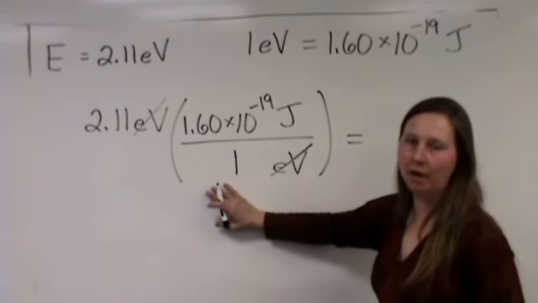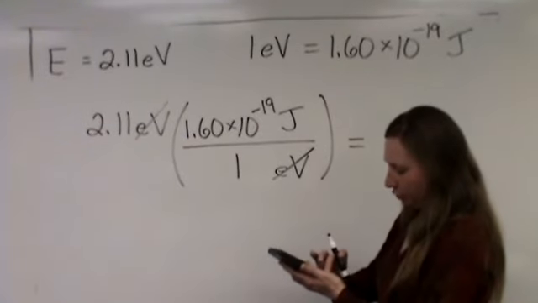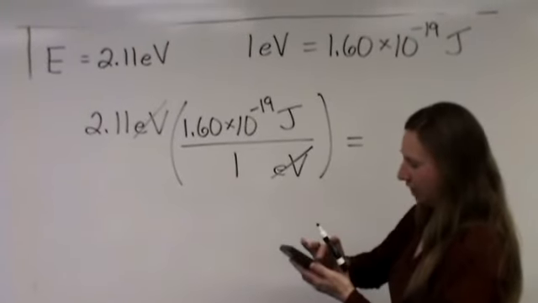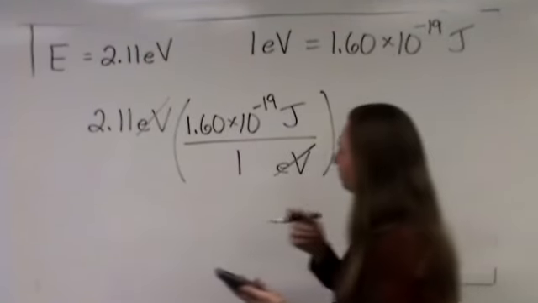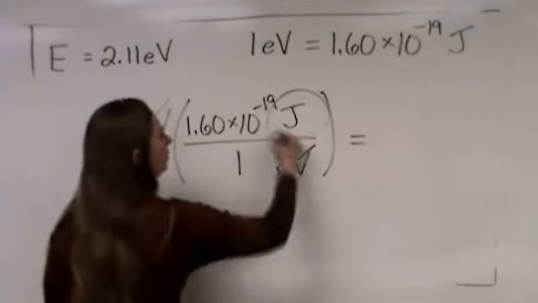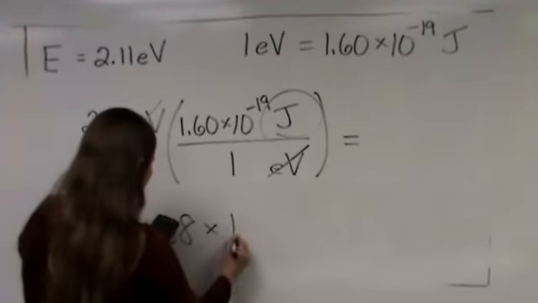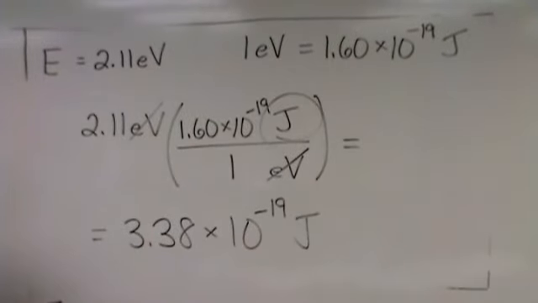But we don't have to divide by 1, of course. It would come out the same. All right. 2.11 times 1.6 E negative 19 equals. All right, for the energy in joules, we're getting 3.38 times 10 to the negative 19 joules.